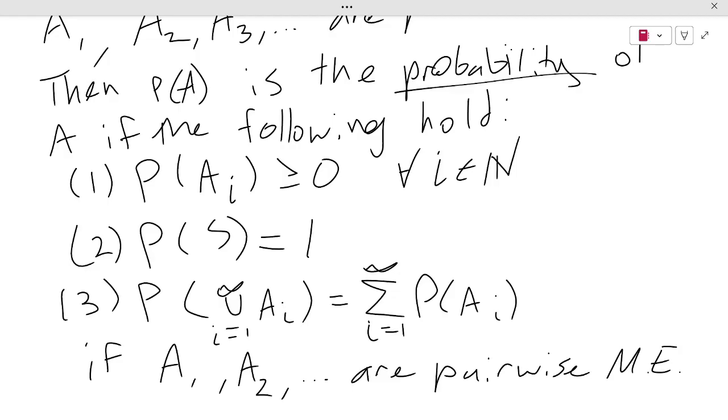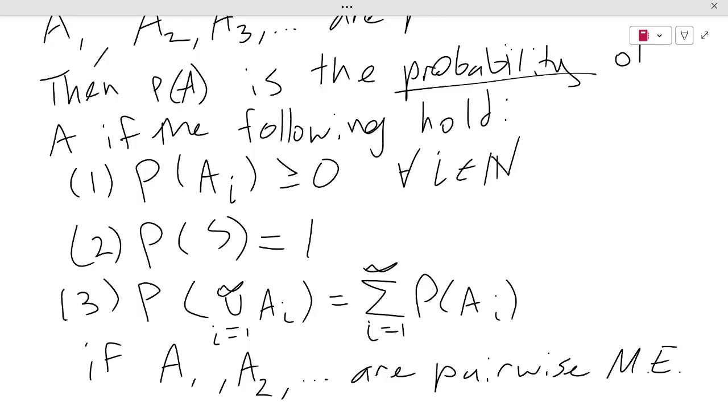The reason for it being important that it's pairwise mutually exclusive is because if we have some overlap, we're going to be double counting probability. And I think we're going to go into that in the next video when we discuss more properties of the probability.